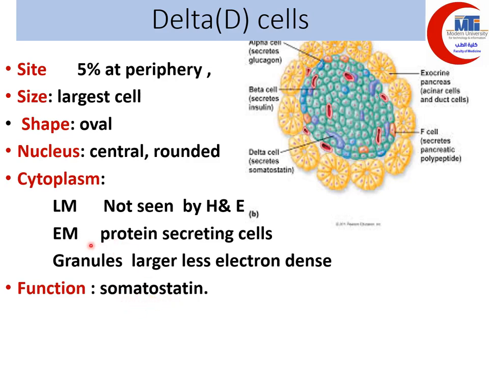So these cells show the EM picture of protein secreting cells: well-developed rough endoplasmic reticulum, well-developed Golgi apparatus, and many secretory granules or membrane-bounded granules that contain the secretion. The granules in the delta cells are larger and less electron dense than those of alpha and beta cells.